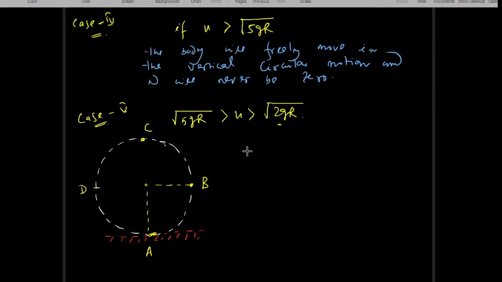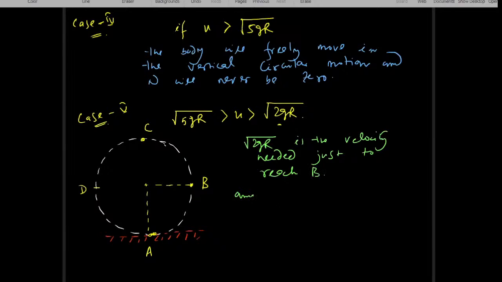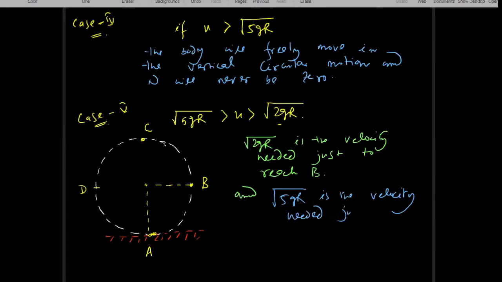So I will write here that √2 GR is the velocity needed just to reach B, and √5 GR is the velocity needed just to reach point C. Correct?